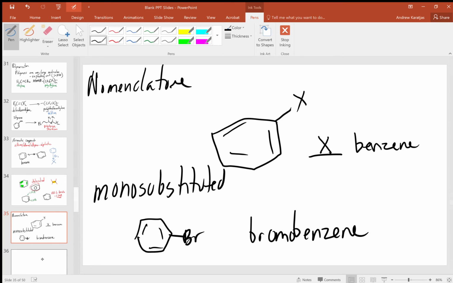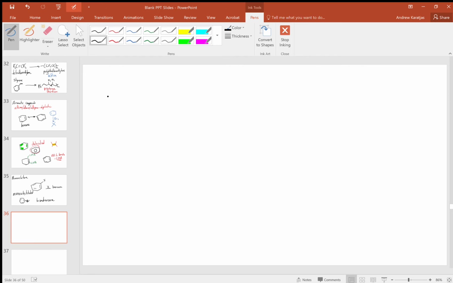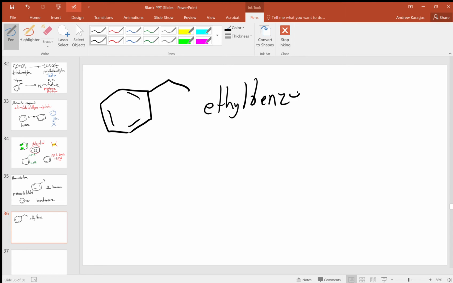So far that's not too bad. And the same thing is true if we put a carbon group. So here we have a 2-carbon substituent. So that would be ethylbenzene. So again, just literally any group that you have on there, you just name the substituent and then benzene.